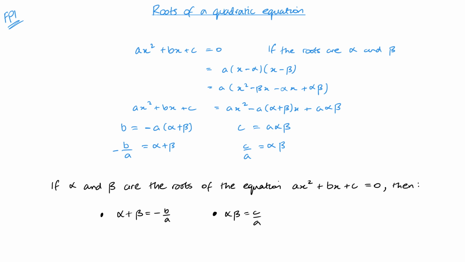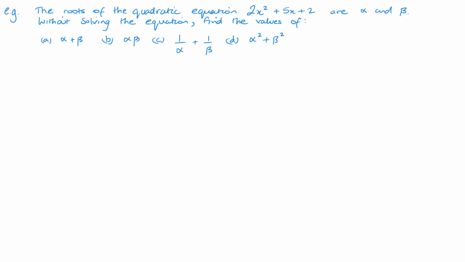Now let's start using this initially within some questions. So we're just going to get used to it, build it up before we get into some serious questions. So a straightforward one, not obviously one you'd have in an exam, but just one to get you used to using this. So my first part, we want to find alpha plus beta.